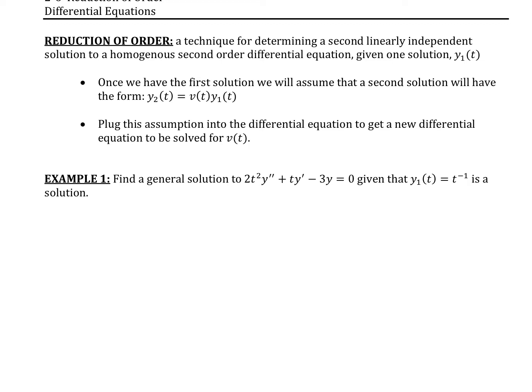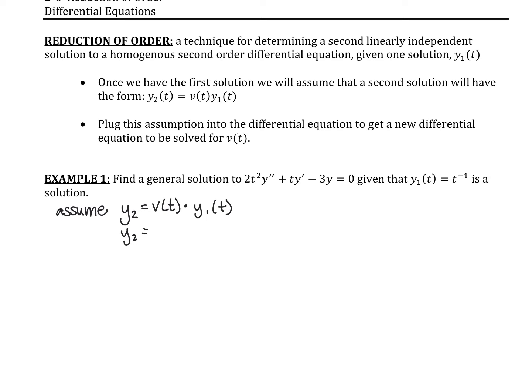Okay, so the first thing I'm going to do is assume that my second solution, which I'm going to notate with a y sub 2, is going to be v of t multiplied by y1 of t. For us, I'm going to simplify this as much as I can because I don't want to deal with crazy notation.